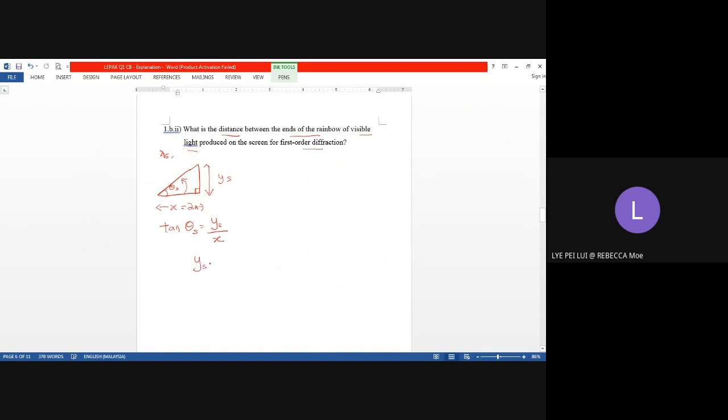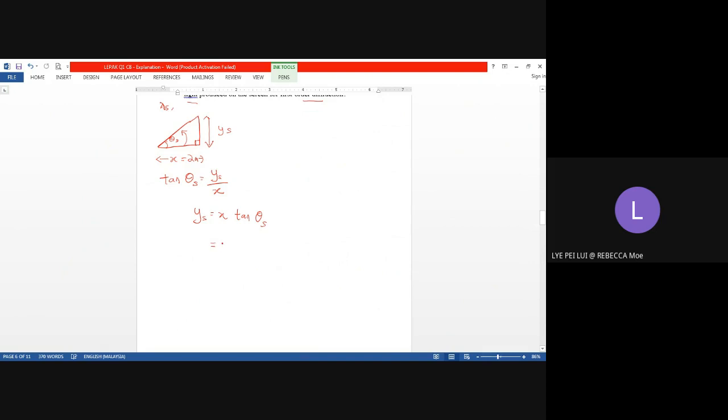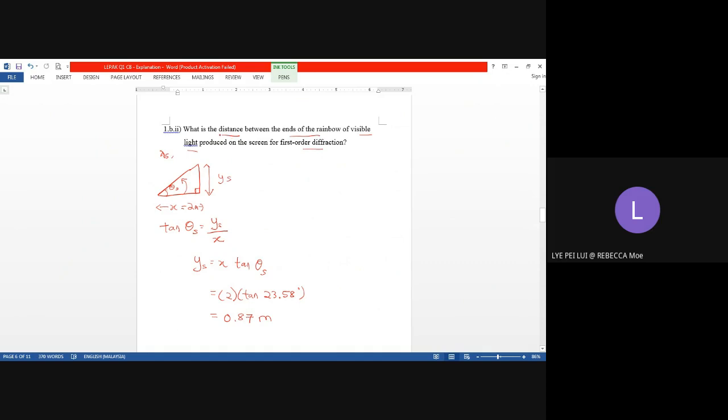Then ys, cross multiplication, I get x tangent theta shortest. So I substitute all the information, 2 times tangent 23.58 degree equals 0.87 meter, right? This one is for ys.